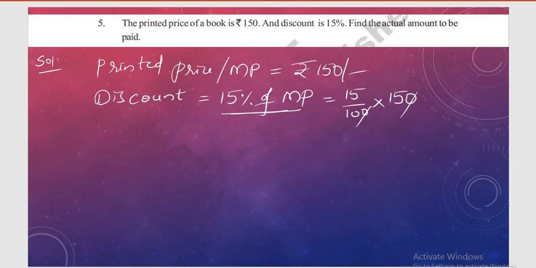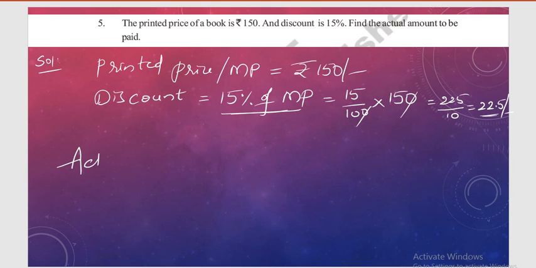Next, this 10 we cannot directly cancel. 15 15s are 225. So 225 divided by 10, from this I can write it as 22.5 rupees. So discount is 22.5 rupees. So always discount will be there in rupees, not in percentage. If you want to take in percentage, then you can take in percentage.